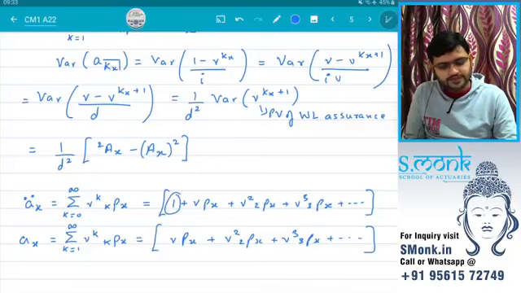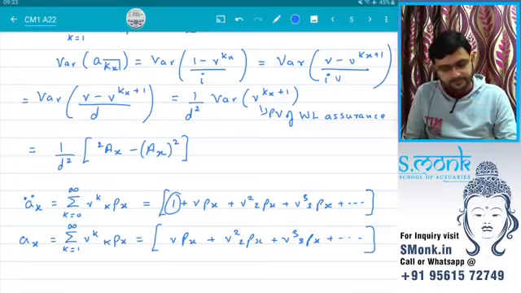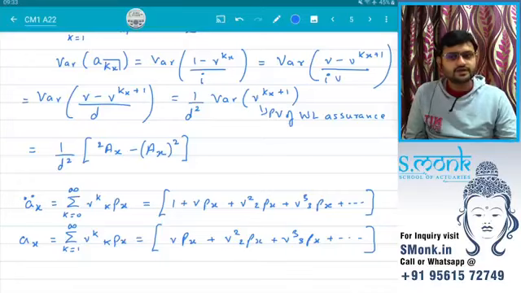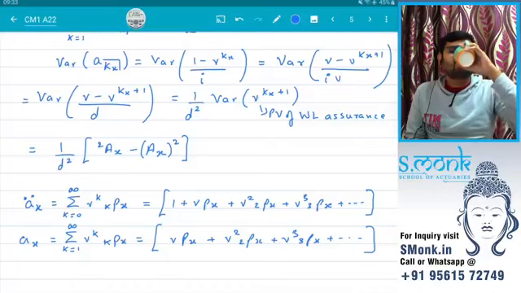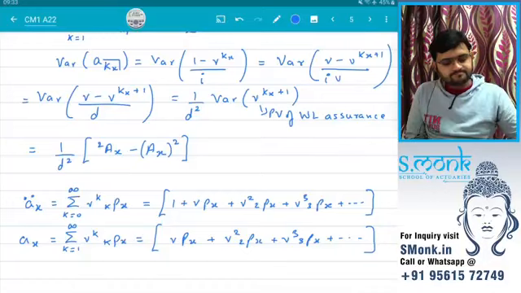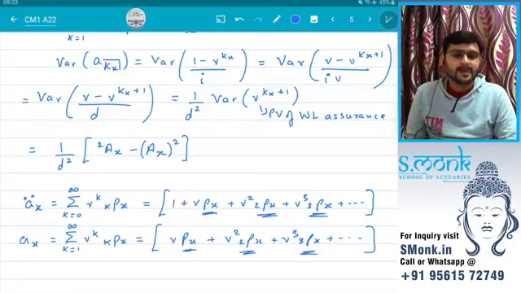So the only thing missing is 1, and 1 is a constant, and we know a constant does not make any difference when it comes to the variance. There's no uncertainty in constants. Constants are certain. The variability is coming from these probabilities. The probabilities might not be exactly the same.